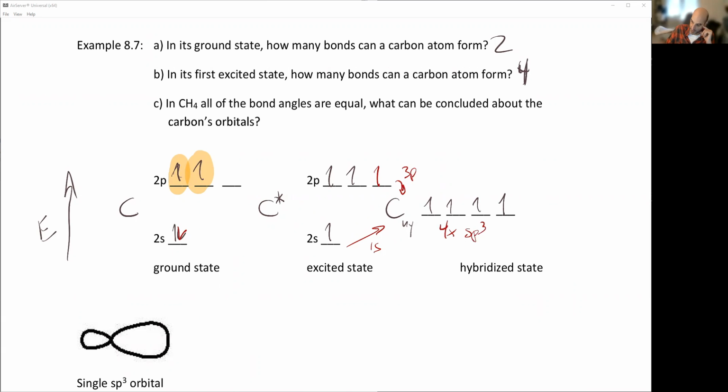So this is a degenerate state. Notice that the energy is below a p but above an s. Degenerate, again, what that means is same energy. So they're all the same energy. They're all going to be bonding the exact same.